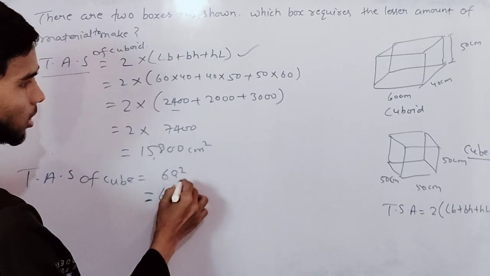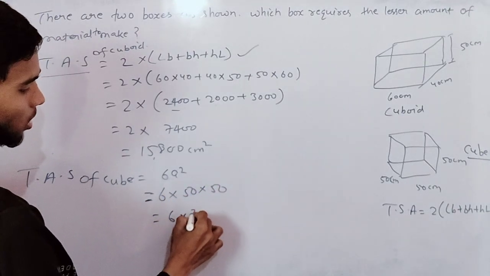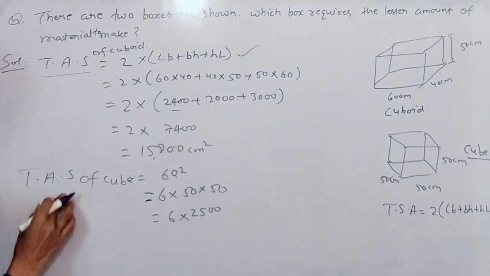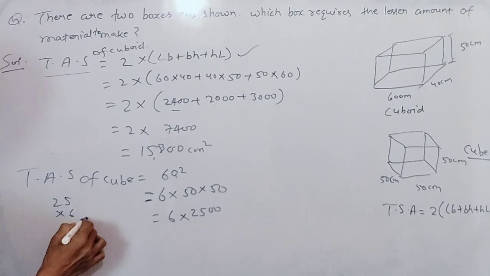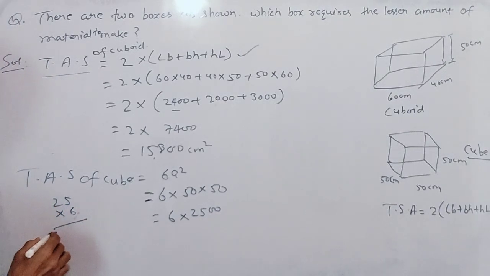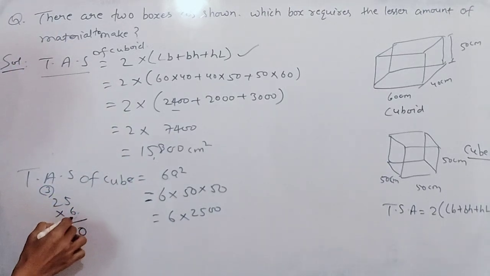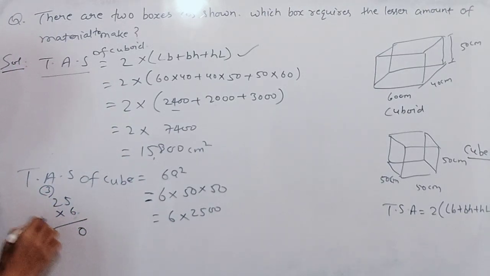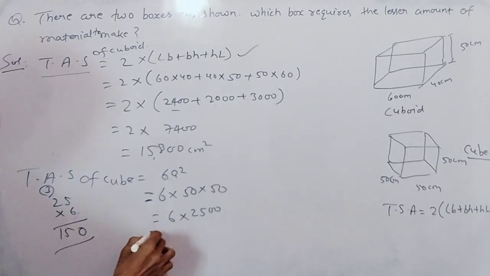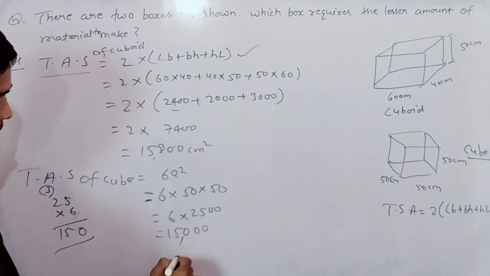Area: 6 multiplied by 50 multiplied by 50. 25 multiplied by 6. 6 5s are 30, 6 2s are 12, 15,000.